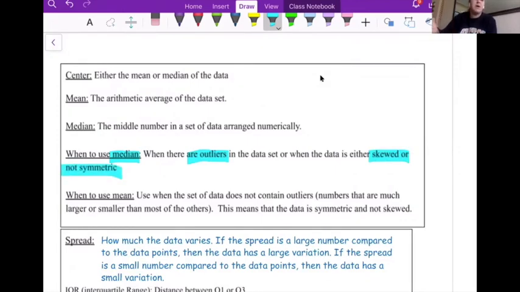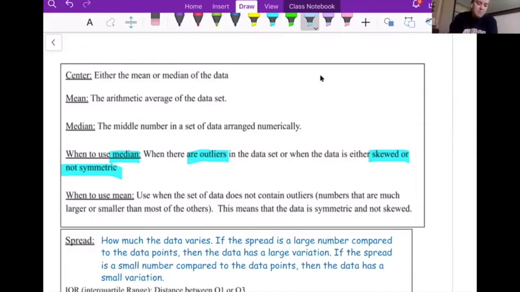Outliers are where, let's say our data is mostly between like 10 and 20, and then there's one outlier where it's 35 or something like that. So basically it's a data point that sort of doesn't act like the rest of our data.